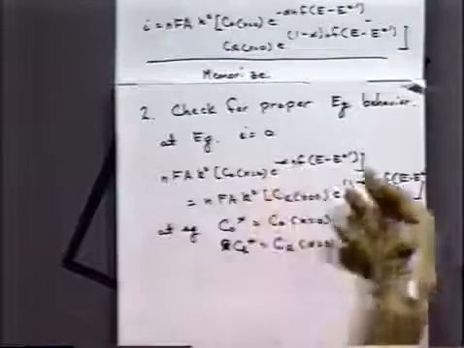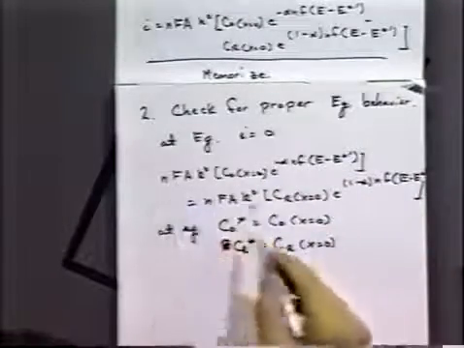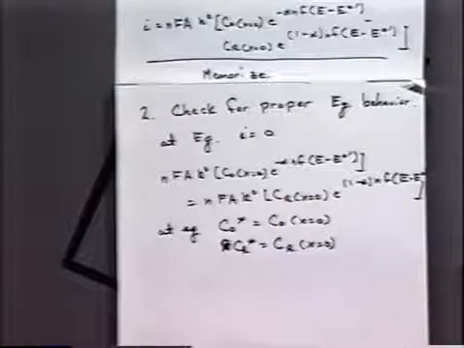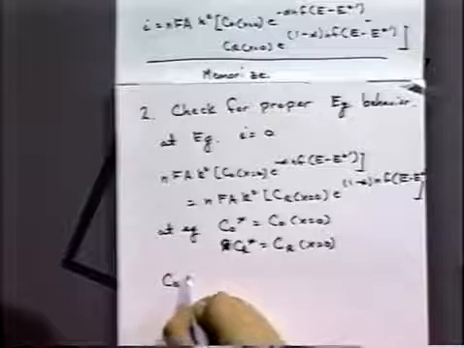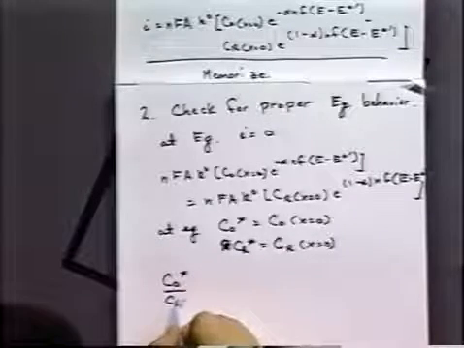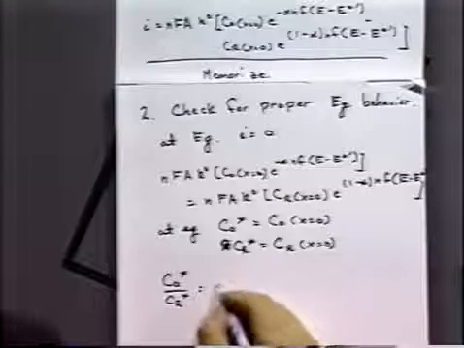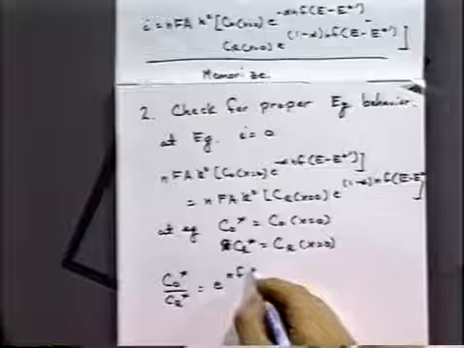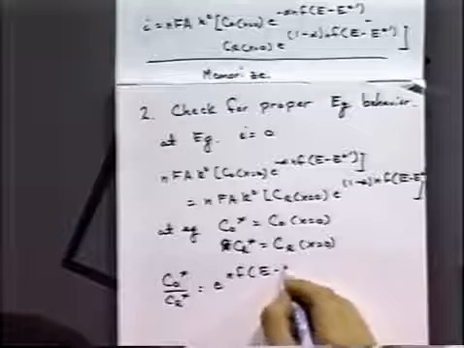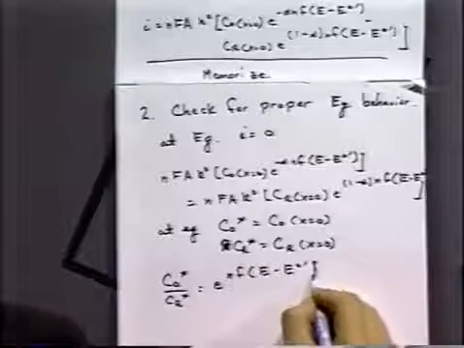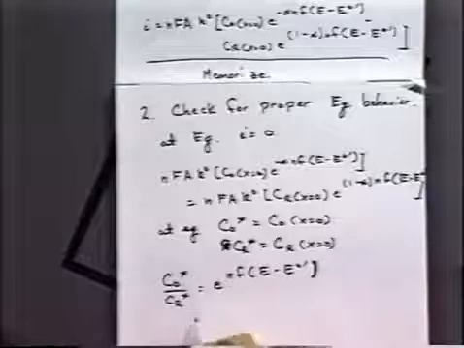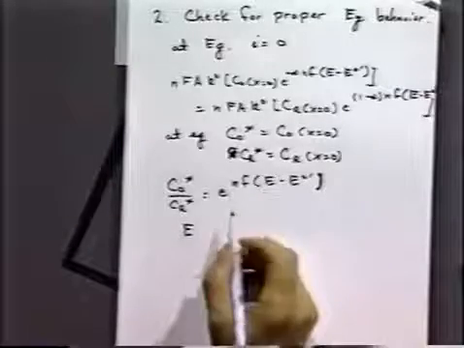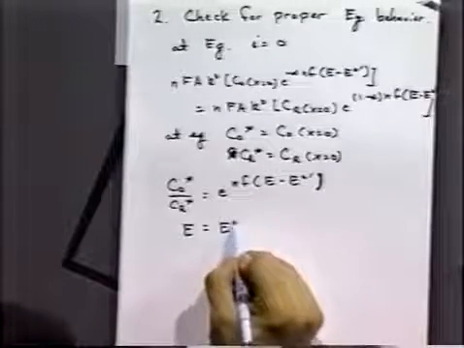So we can cancel out the terms and substitute in our expressions for the concentration at the electrode surface, and we see that we get an expression like this: CO star over C sub R star is equal to e to the NF E minus E0 prime. And we can take the logarithmic form of that and get this.